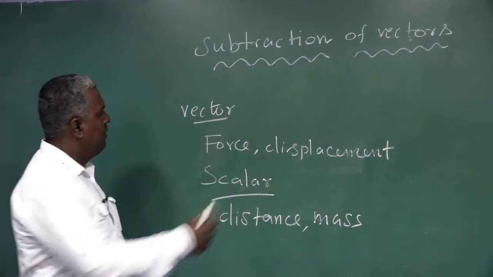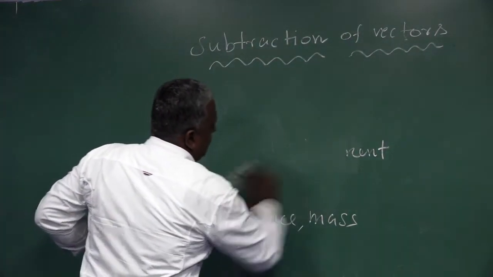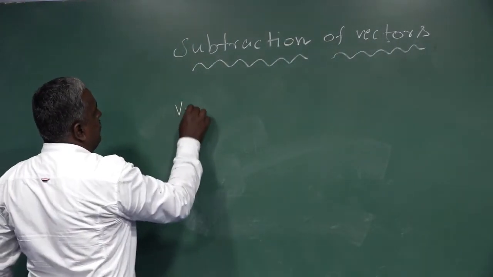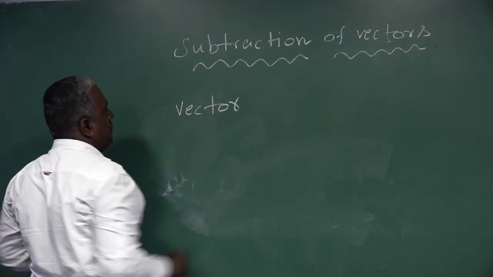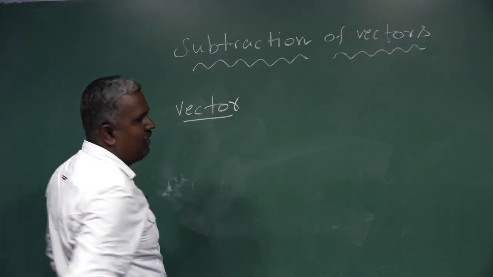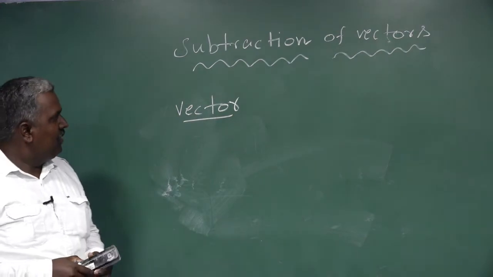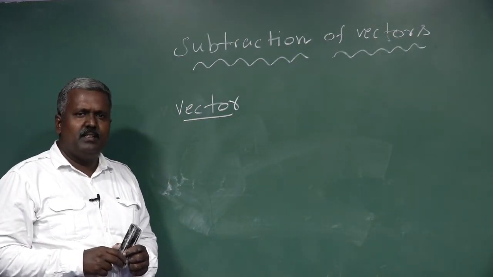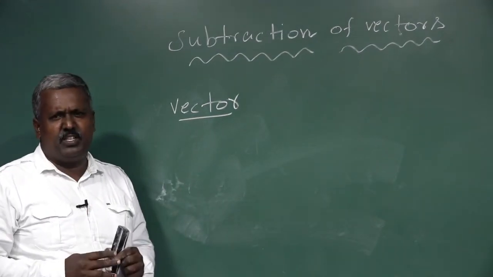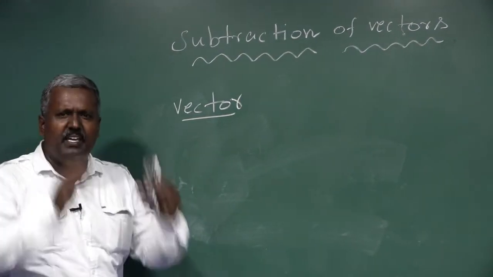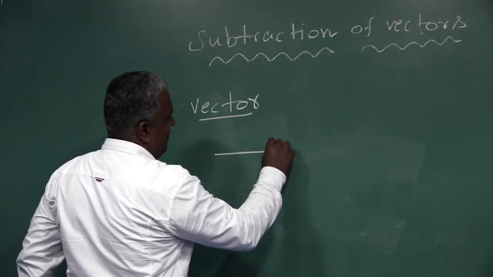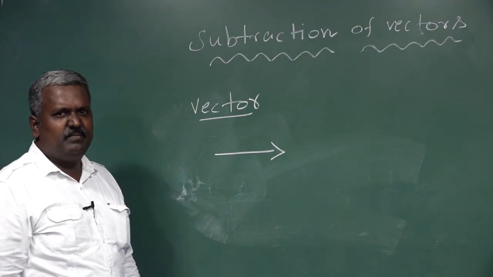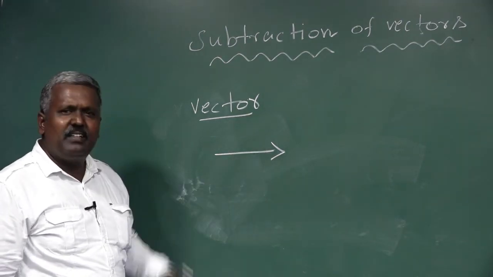Then vector. How do you denote the symbol for vector? Vector means one line segment, that's all. It is simply represented by a line with an arrow mark. That is important. What is the purpose of the arrow mark?